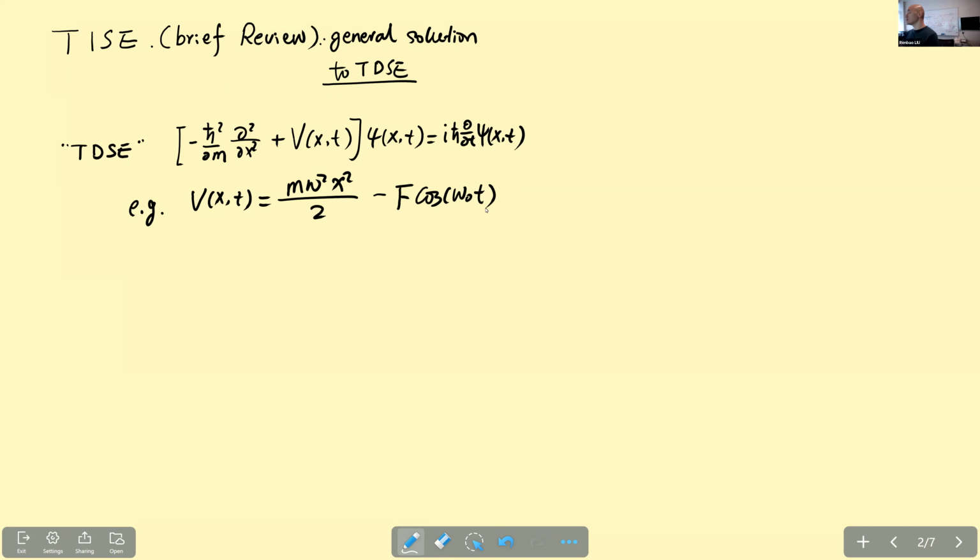This is a driven harmonic oscillator, which we call a forced harmonic oscillator, and then times x. So that is the case where the potential is time dependent. In general, V(x,t) can depend on time.